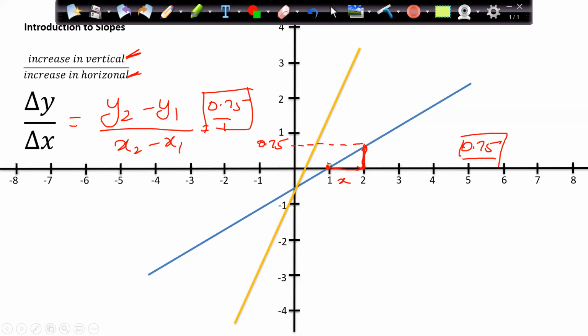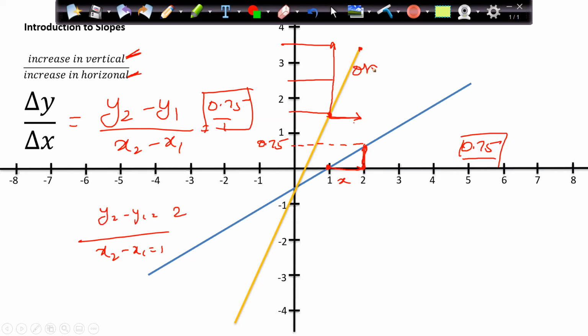For here, let's say this is my 1. I'm doing the approximation, and here I have approximately 2. So how much change happened when there is a change in 1 unit of x? There is a big change, right? Approximately 2 units. So when x2 minus x1 is equal to 1, then my y2 minus y1 comes out to be 2 in this orange line.